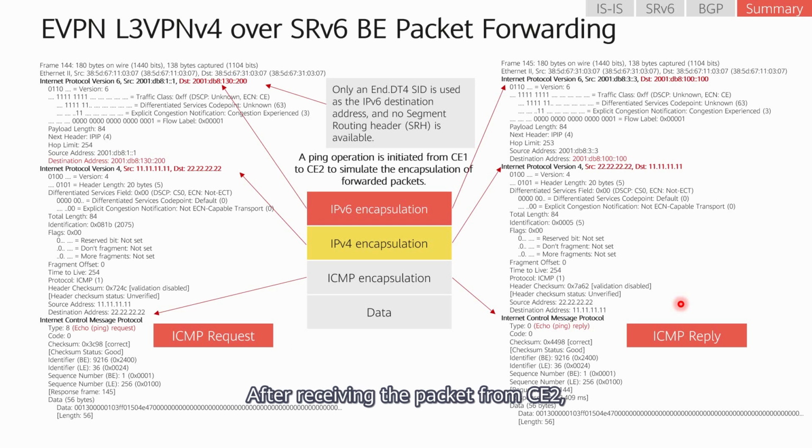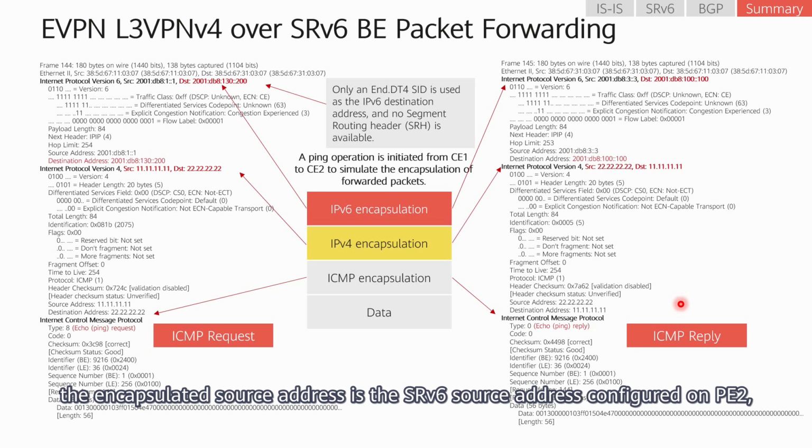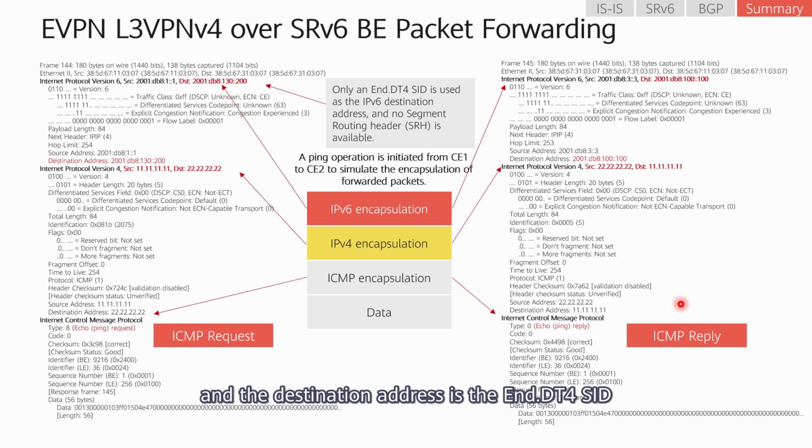After receiving the packet from CE2, P2 performs SRv6 encapsulation. For this packet, the encapsulated source address is the SRv6 source address configured on P2, and the destination address is the End.DT4 SID carried by the corresponding route. That's all about the encapsulation of packets in an EVPN L3VPNv4 over SRv6 BE scenario.